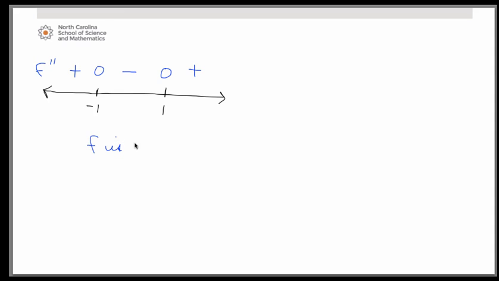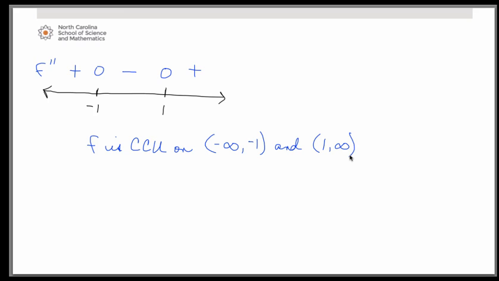So let's start with concave up. Our original function f is going to be concave up wherever our second derivative was positive. So that's going to be from negative infinity to negative 1 and 1 to infinity.